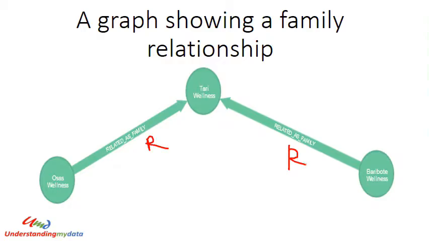This is a relationship. And you have a node here. This is another node. We have another node here. Might I also add that these nodes can also have properties within them, and the relationships can also have properties within them.